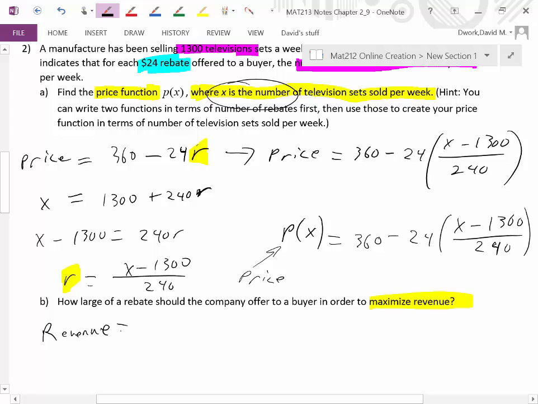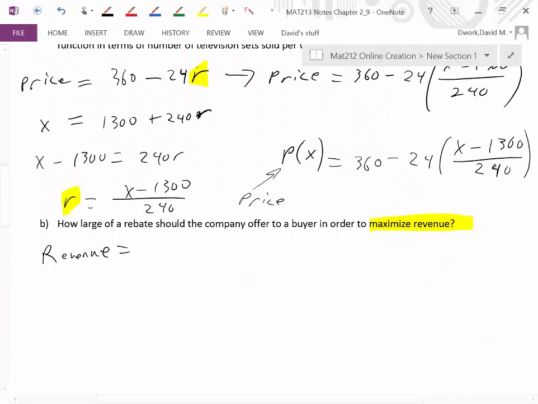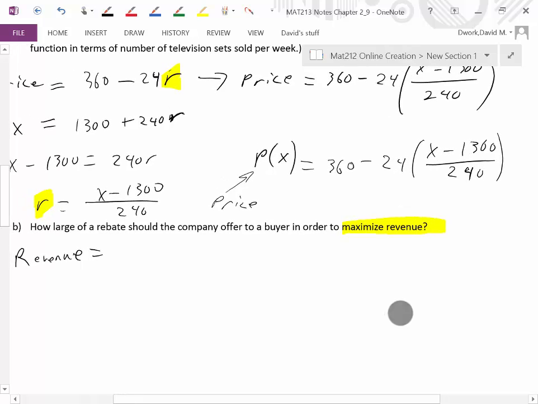Revenue is the concept of how much money you're bringing in. And that formula, which I reminded you of at the very beginning, is just the price you're selling it for times the number of items you're selling. If you stop and think, this one should jump out at you. We just created an equation for price, right? It's price times the number sold.